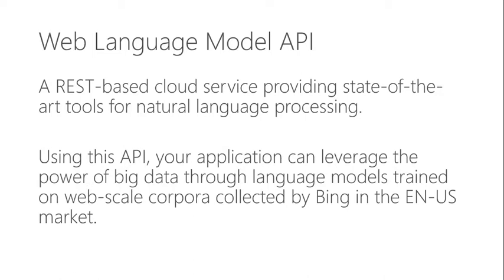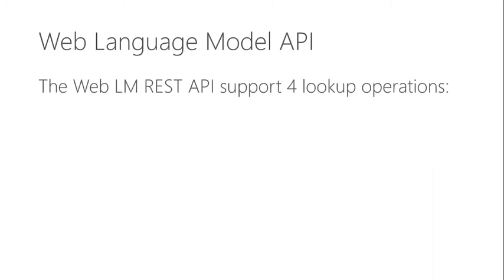Using this API, your application can leverage the power of big data through language models trained on web-scale corpora collected by Bing in the EN-US market. The WebLM REST API supports four lookup operations.